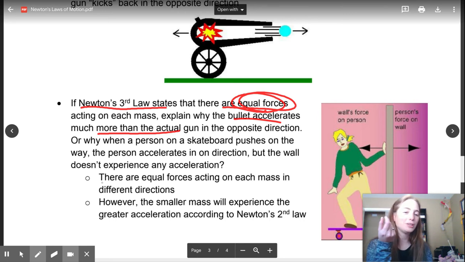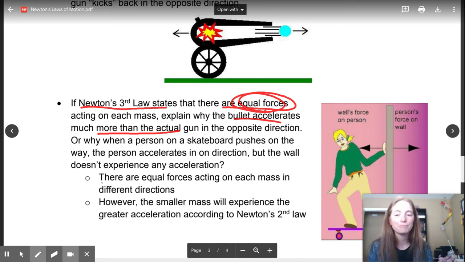The mass of a bullet is tiny, and you can measure it in grams, whereas the mass of the gun will be measured in pounds or kilograms. My hunting rifle, by the time I put the scope on it, is something like 10 pounds, versus the bullet, which would be maybe a gram. They're tiny. The force is the same, but the bullet's going to have much higher acceleration.